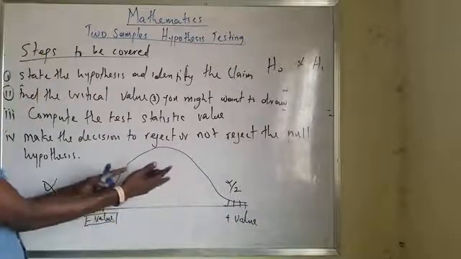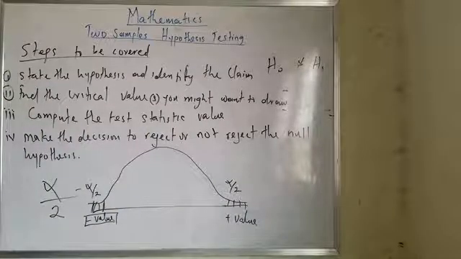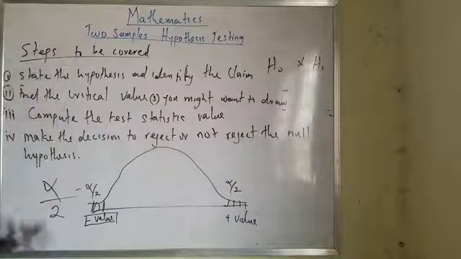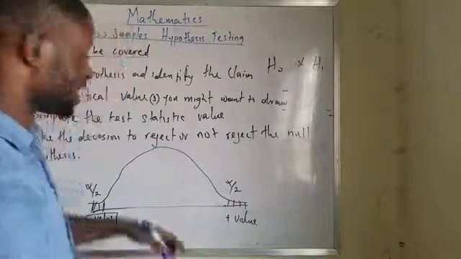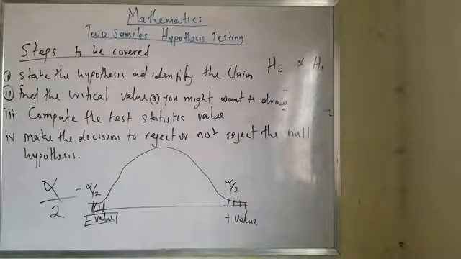At this point, I'm drawing it, which you might or may not, but it is very, very important. Now, compute the test statistic value, which is the formula I just gave you. Then make the decision to reject or not to reject, which you can also call accept the null hypothesis.